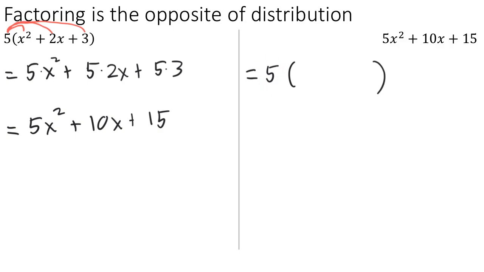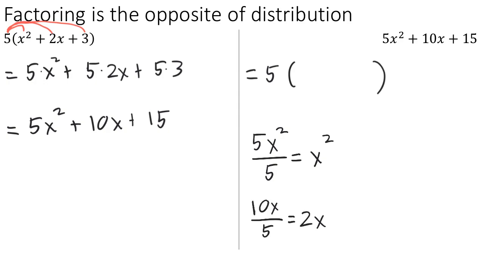Our first term was 5x squared, and so to figure out what's left inside the parentheses, we're going to divide that by 5. Well, that just turns into x squared. Our second term was 10x. We're going to divide that by 5, and that leaves us with 2x. And then the last term was 15, and we divide that by 5, and we are left with 3.